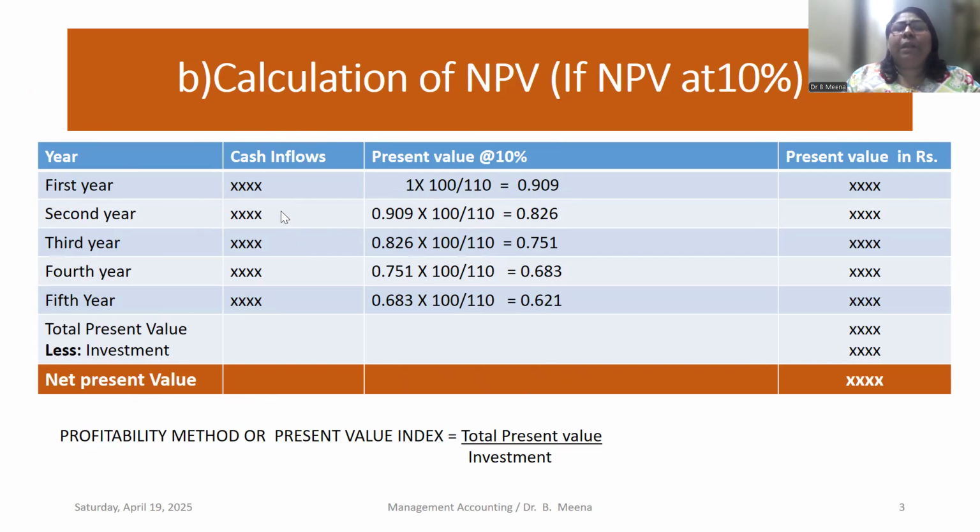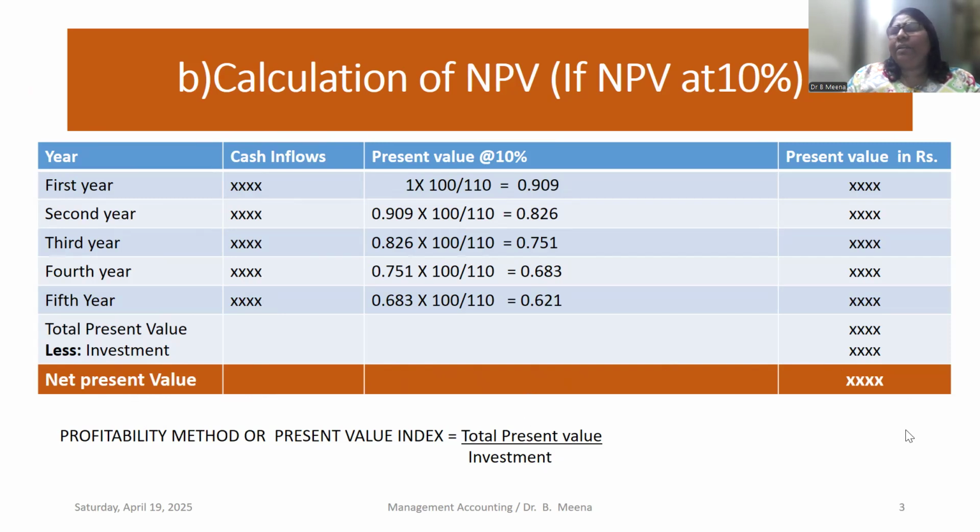Once you multiply the cash inflows with the discount factor at 10%, you will get the present value of each and every year. Once you get the present value for all the years, get the total present value and compare with your investment to find the net present value. But once you calculate the total present value, that is more than enough.